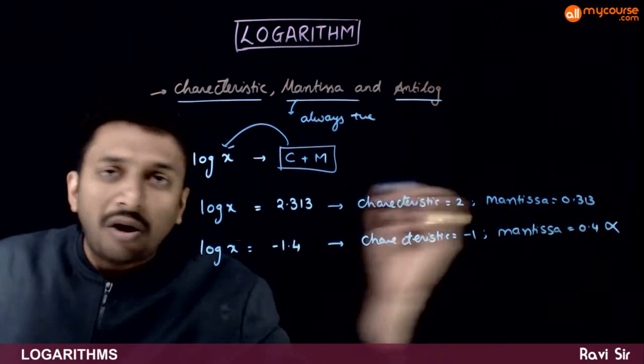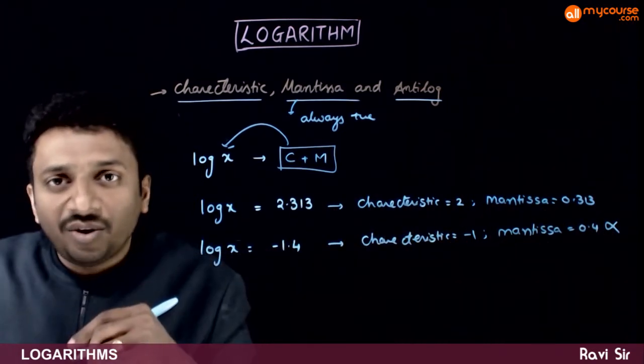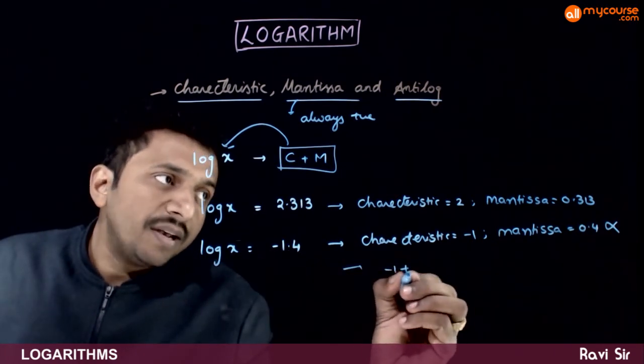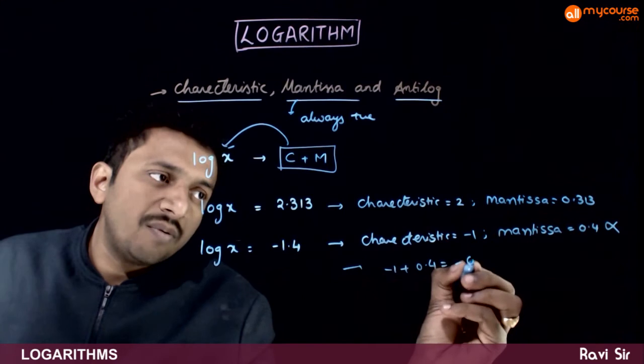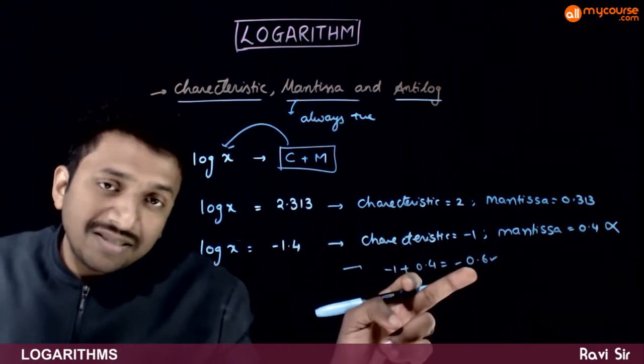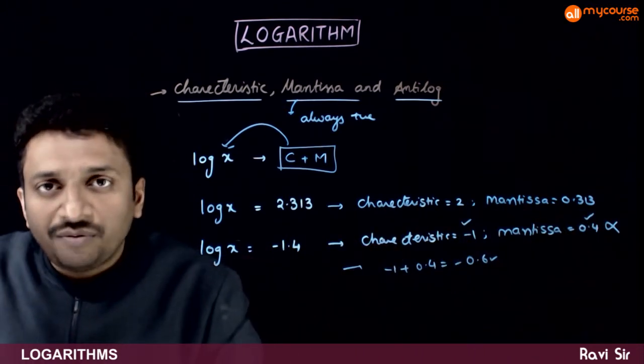This is wrong, because if the characteristic is minus 1 and the mantissa is 0.4, what should be the value of log? Minus 1 plus 0.4, which is equal to minus 0.6. So if log x is minus 0.6, then the characteristic will be minus 1 and the mantissa will be 0.4.